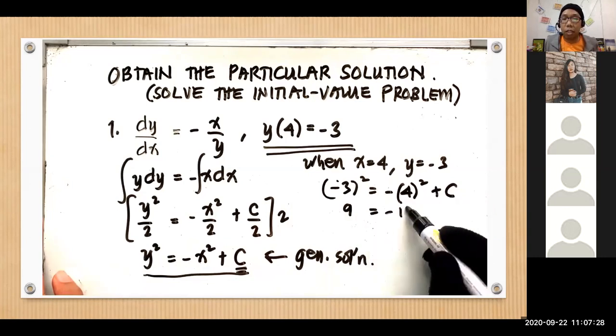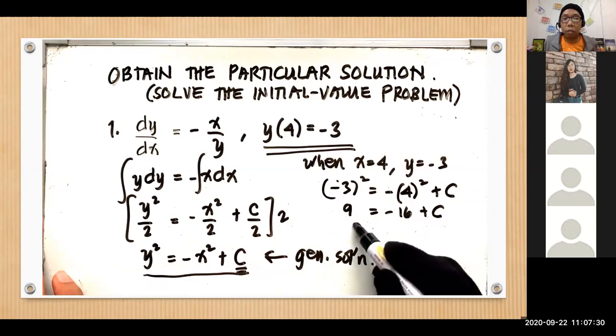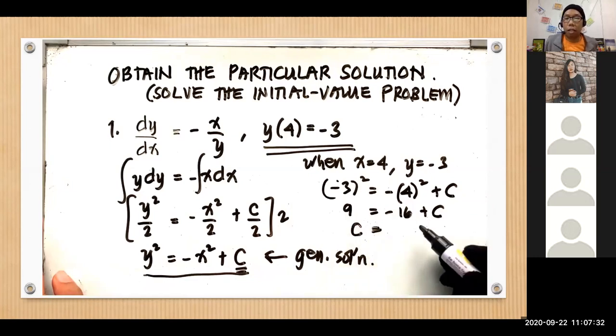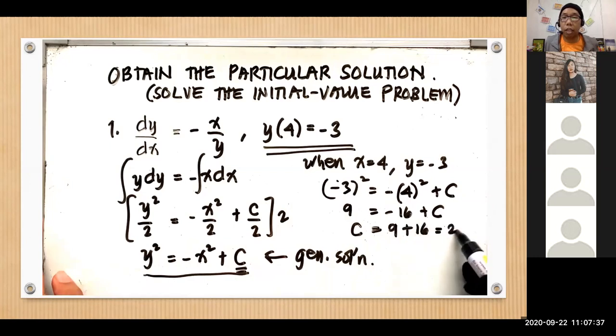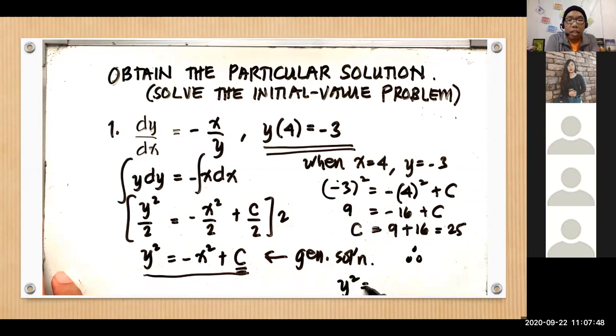So minus 16 plus c. Transpose natin yung minus 16. So you have 9 plus 16 equals 25. Yun na yung value ni c. I-plug in mo yung value ni c dun sa general solution. Now you have the particular solution. So y squared equals minus x squared plus 25.